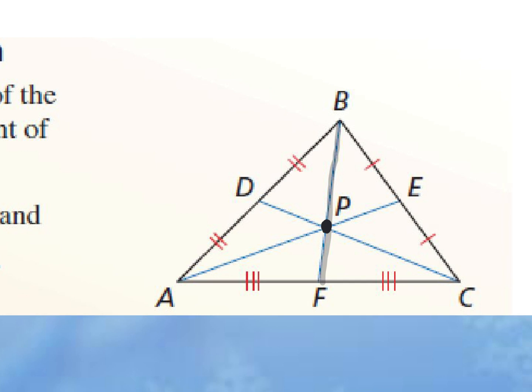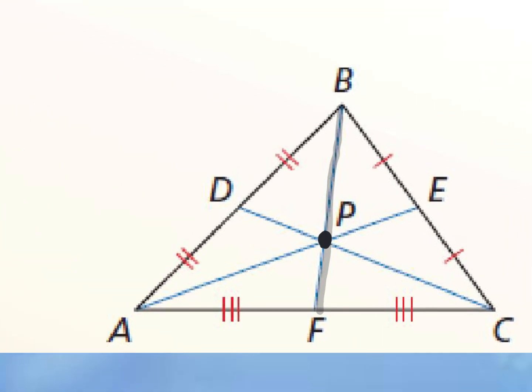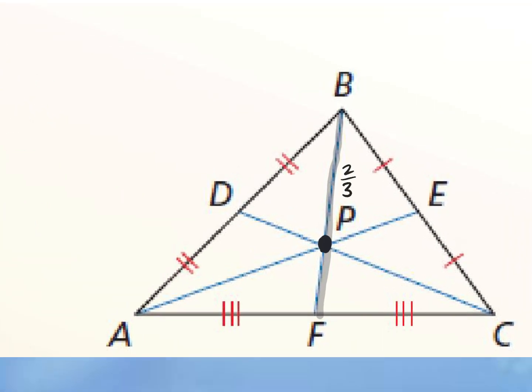The larger of the two parts is exactly 2/3 of the whole segment. So BP is the equivalent of 2/3 of BF. It's 2/3 the length of the entire thing. And if BP is 2/3, what do you think PF would be? 1/3 the length of the whole thing. Okay?